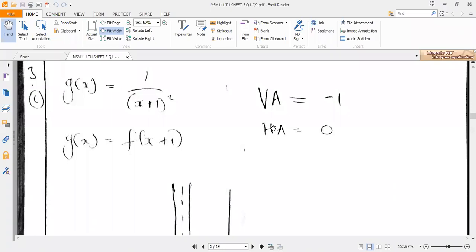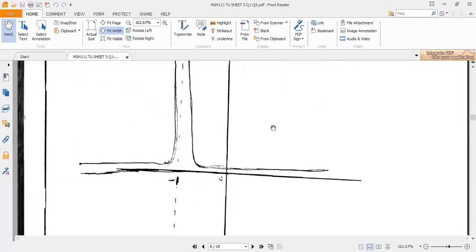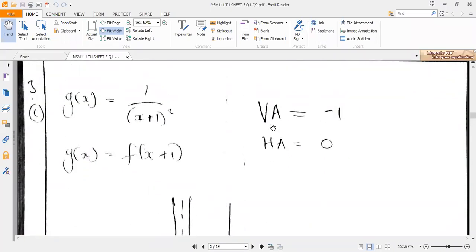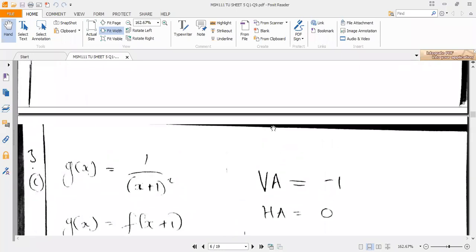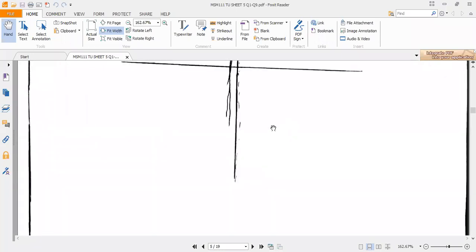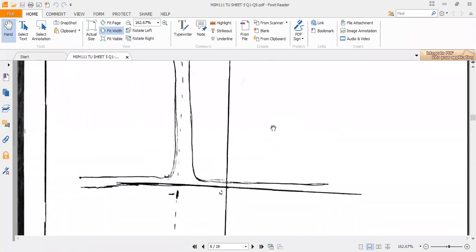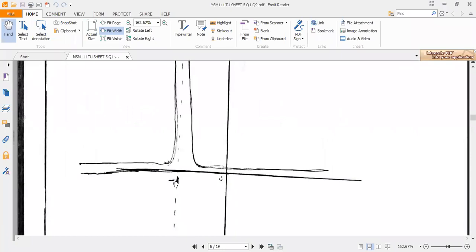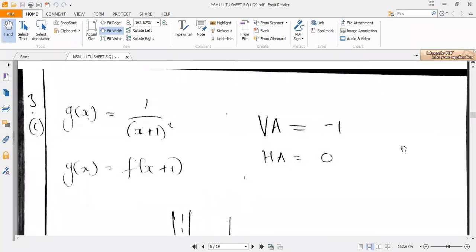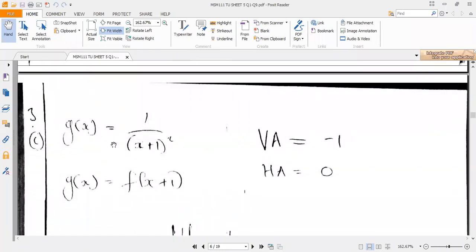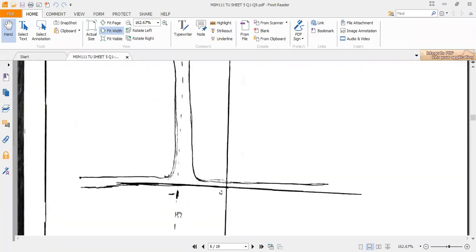Now, when the horizontal asymptote is 0, we're simply telling you that we're shifting this graph here. This is 1 over x squared, isn't it? We're shifting it, right? So this guy here will be our origin, which is -1. Now when you are graphing this one on top, you pick some values, let's pick 1, isn't it?